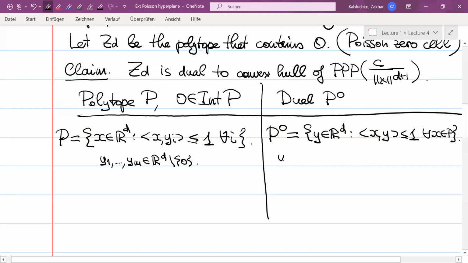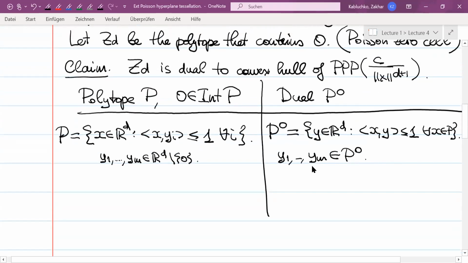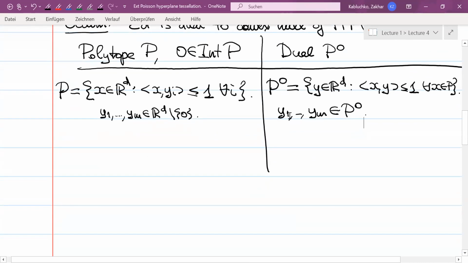Now it is clear that y_1, ..., y_m are inequalities that are satisfied, so they are there. By the way, we identify here the space and its dual space. So we make no difference because we have a scalar product and we don't play these games with the space and its dual. So these y's would in general be in the dual space. They are in the polytope, and then P dual is just the convex hull of them in general.